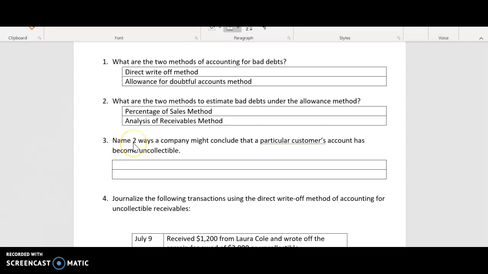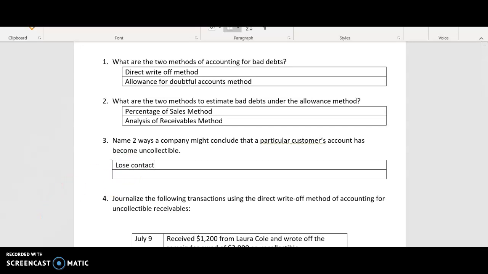Okay, the next question. Name two ways a company might conclude that a particular customer's account has become uncollectible. So regardless of which method you use, we need to know when we're going to write off the customer's accounts receivable. There's several ways to tell, but one way would be if you lose contact.